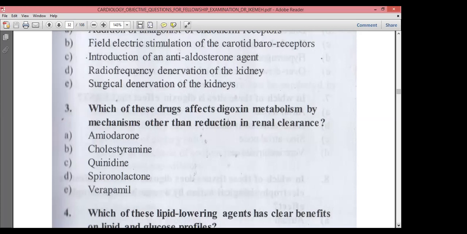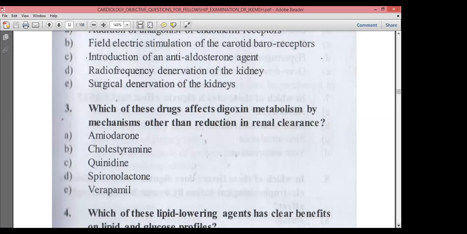Okay. Hello, ma. Yes, please do. If I recall correctly, verapamil, amiodarone, quinidine, they do similar things. They reduce the renal clearance of digoxin and can lead to digoxin toxicity.